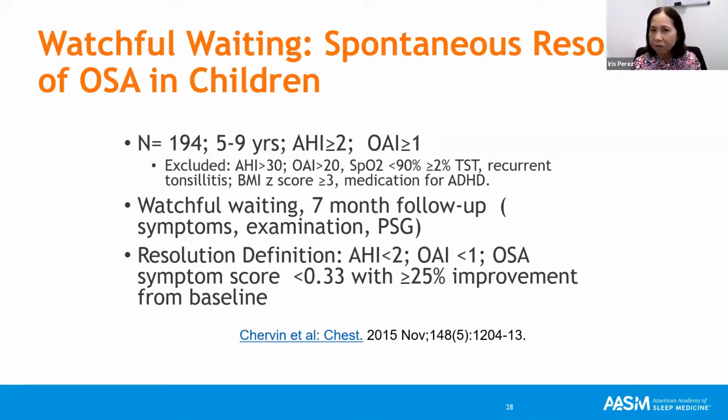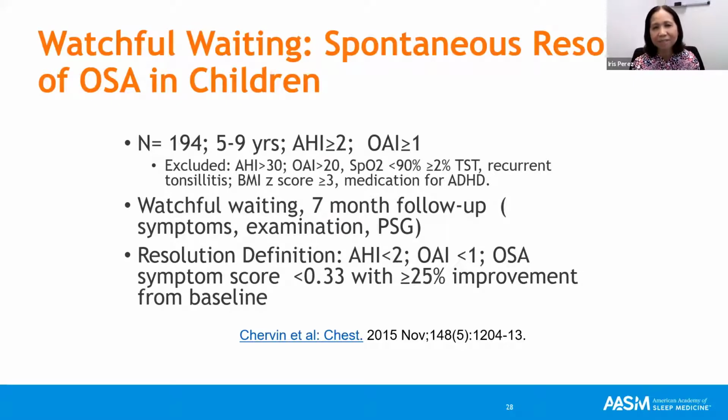They did not have severe OSA, defined as AHI of greater than 30, or obstructive apnea index greater than 20, or had oxygen desaturations with SpO2 less than 90% in greater than 2% of the total sleep time.